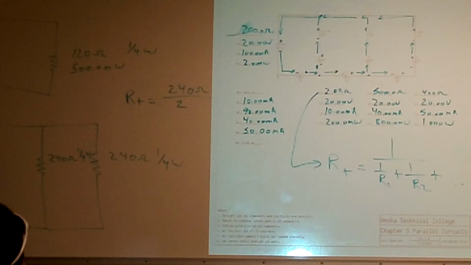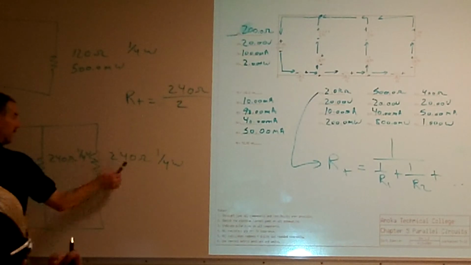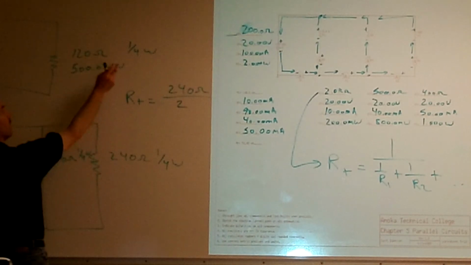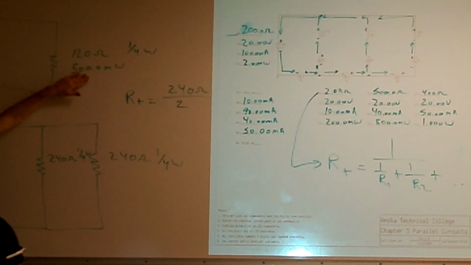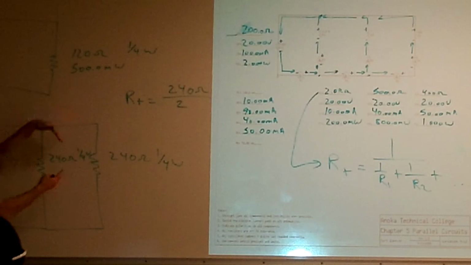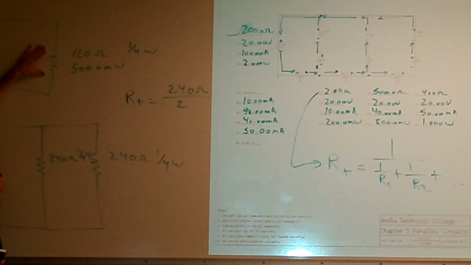All my current comes up, and it's going to divide. And since it divides up, my power cuts in half. So now I can still dissipate my half a watt of power going across my two resistors. My total resistance that I needed for that circuit anyway was 120 ohms.